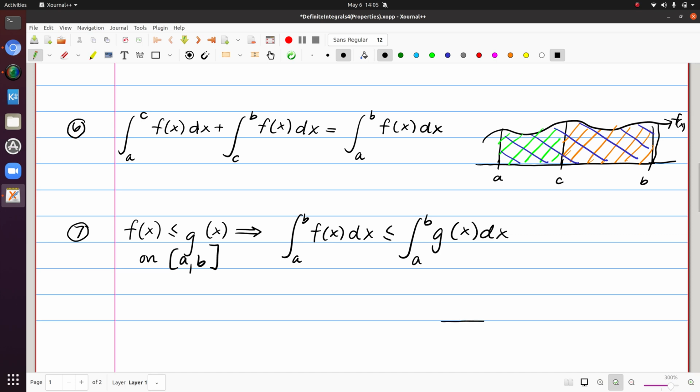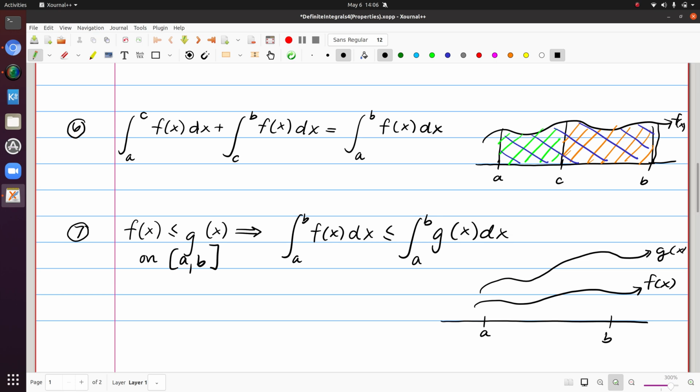And likewise, think about the geometry involved. So here's A, here's B. If this is f of x and this is g of x, what we would be able to do here is compare the areas involved. So the area under f of x, and then we could see how that compares to the area all the way under g of x here.